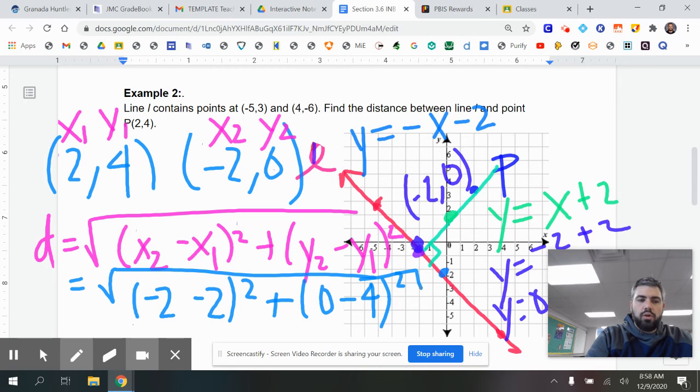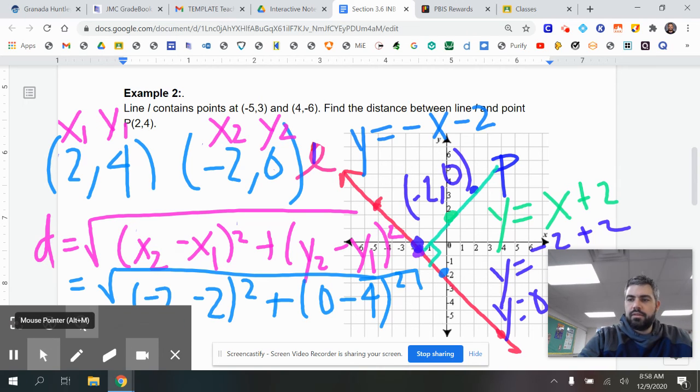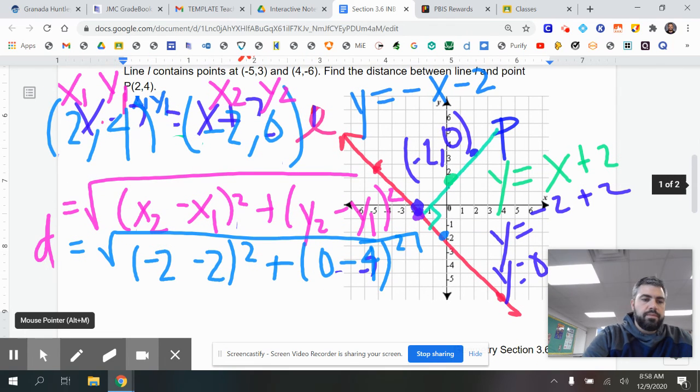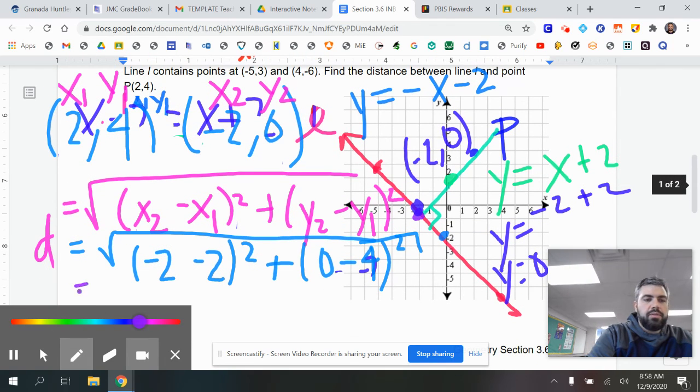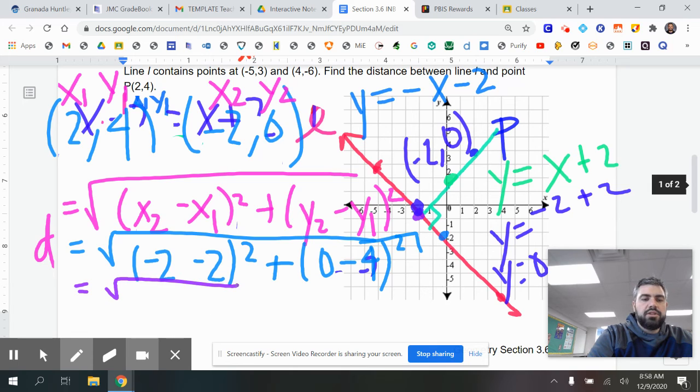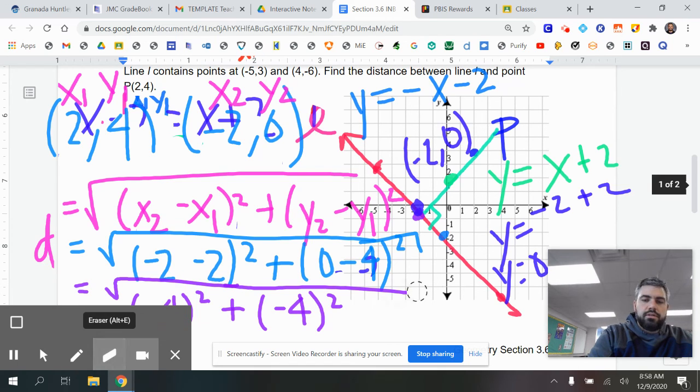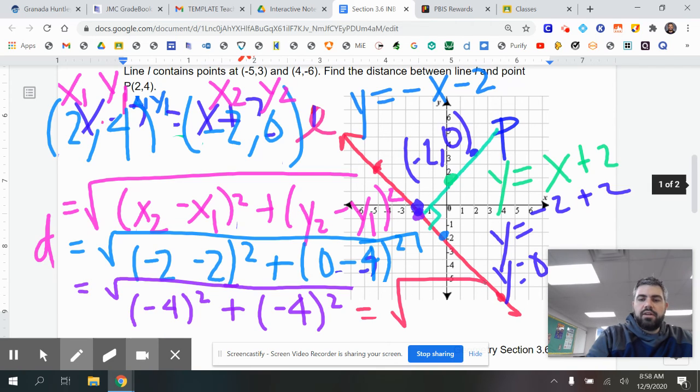By simplifying a little bit, we see that negative 2 minus 2 is negative 4, squared, plus negative 4 squared. Negative 4 squared is 16, plus 16.